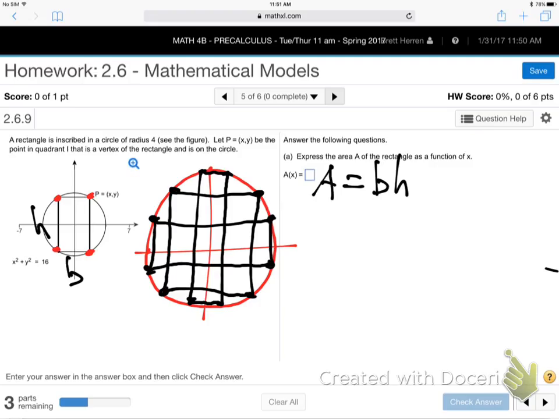So what does that mean? What's the base? The base is that, clearly. So what's the formula for base?